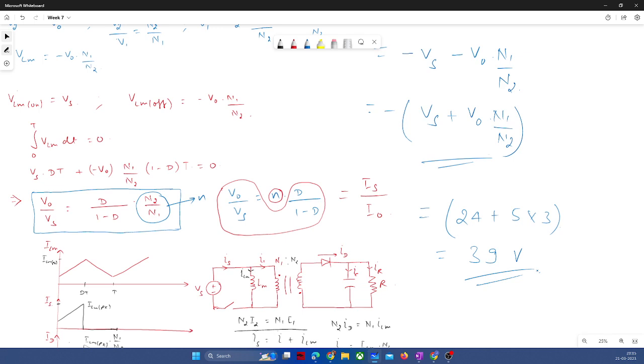In that case, this Lm is associated with some winding resistance, so that will limit it. If you are designing a lossy forward converter, then that will limit it, because you see the loss there, half Lm ILM peak square into frequency.